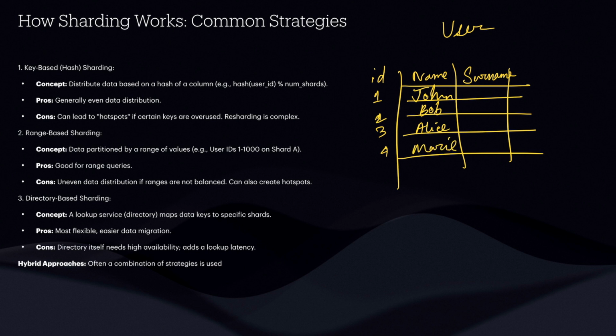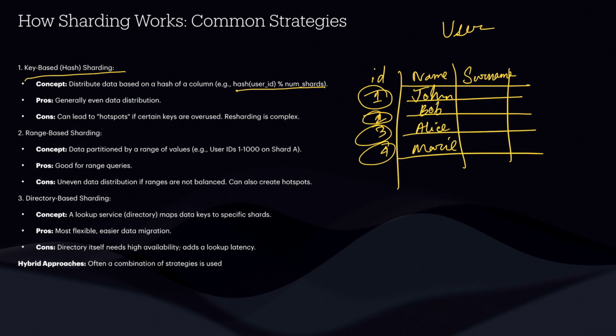And what do we do to distribute this data? First of all, the first strategy, key-based hashing. Let's say we pick a key. It can be the primary key, the ID in this case, and we calculate the hash out of it. Then we use the function hash of user ID, and take the remainder with the number of shards.